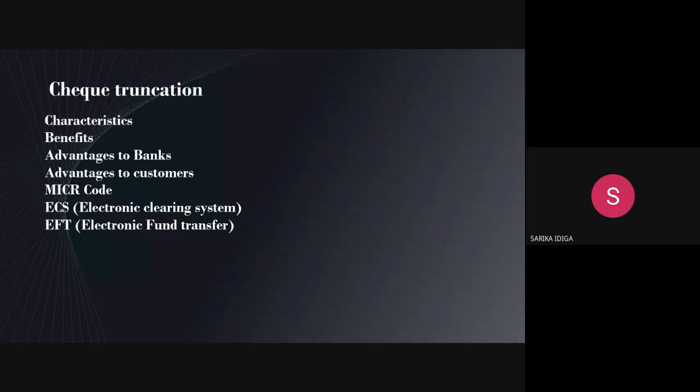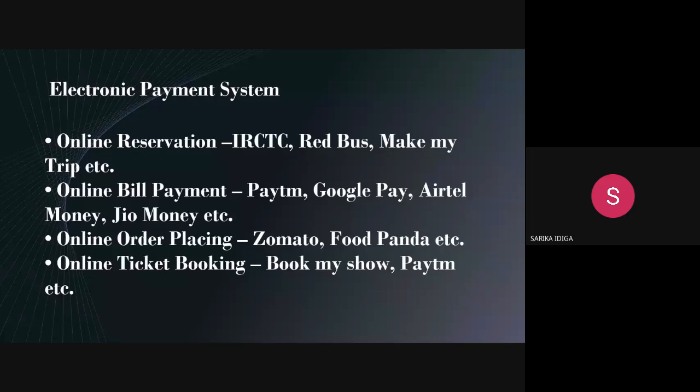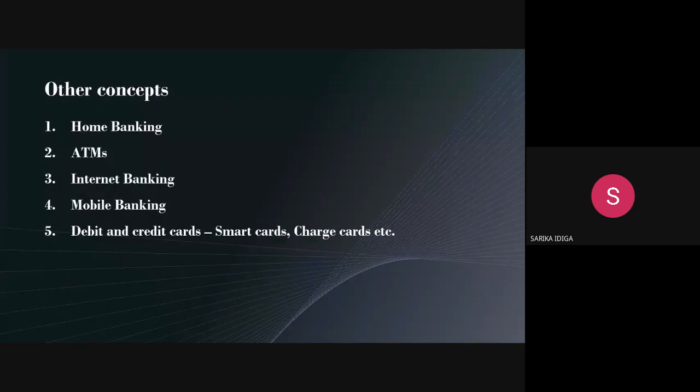Check truncation, again, I'll go through it next time along with the photos. I cannot share it because now I'm using a mobile phone. I need my laptop for that. Apart from check truncation, any doubts in universal banking or any other concepts? Kindly tell me, or else I'll close the meeting today.